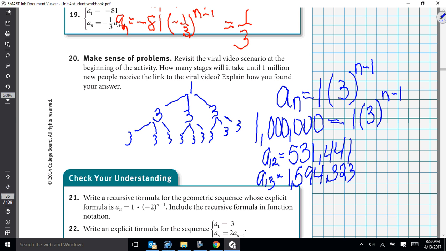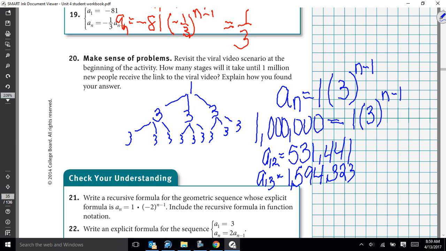So we have to get to that 13th stage before 1 million people are added. At this stage, an additional 1.5 million, almost 1.6 million, are added.